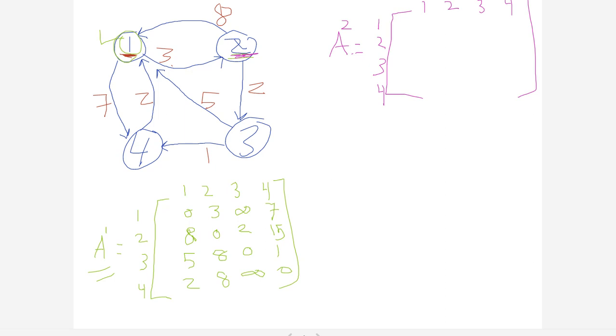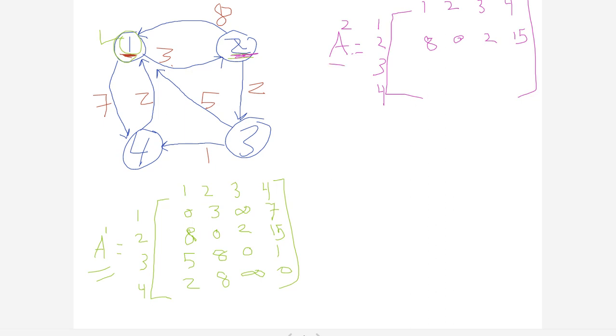The rows and columns related to number 2 will be fixed. So row number 2 will remain the same, which is 8, 0, 2, 15. As you can see, we are building a block.